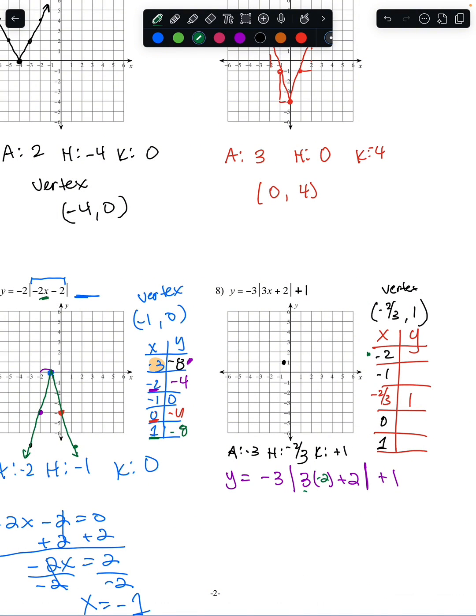So I got to do 3 times -2 is -6. -6 plus 2 is -4. So we're going to add that to this next step. Okay. What's the absolute value of -4? +4.